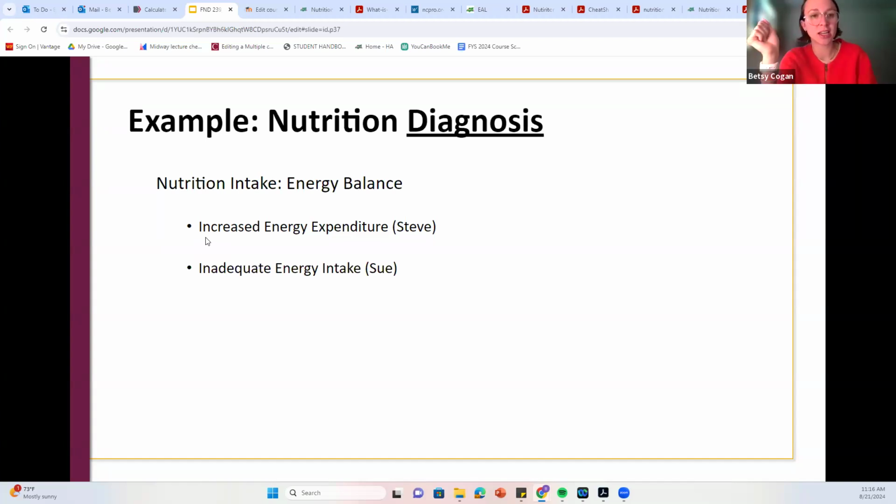He is burning a lot of calories doing activities, marathon training, where for Sue, she might not be getting enough energy in, right? She might be nauseous or have lost appetite because of cancer, where inadequate energy intake could be a concern for Sue. So these are nutrition intake diagnoses that we could apply to Sue and Steve.